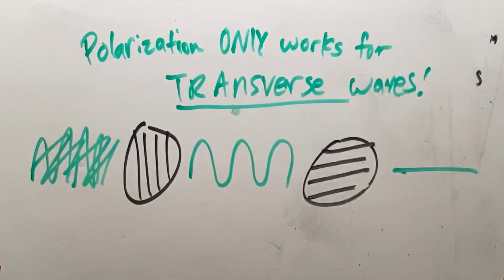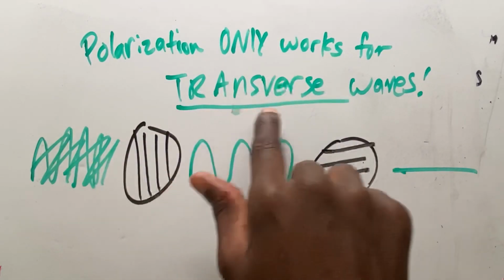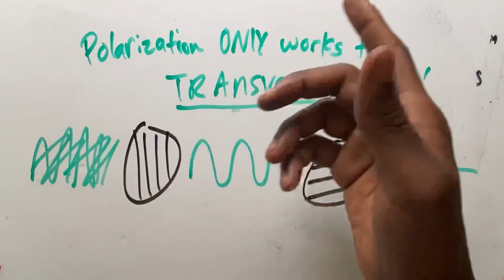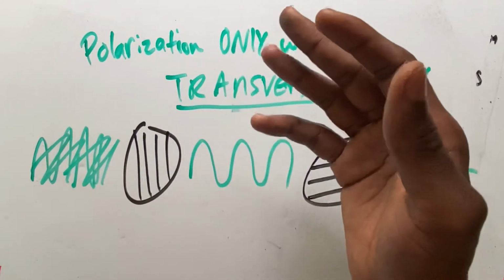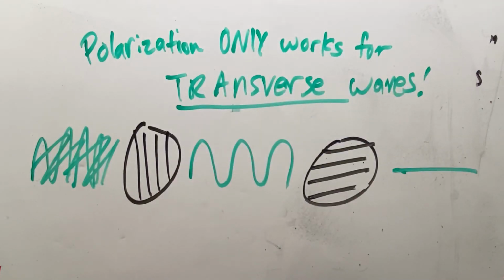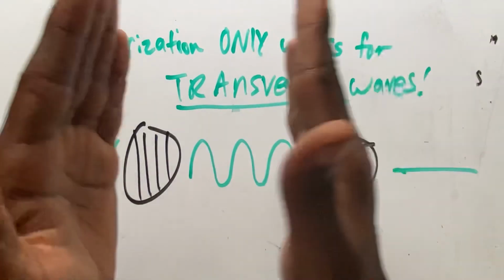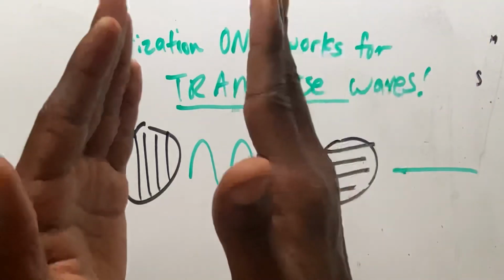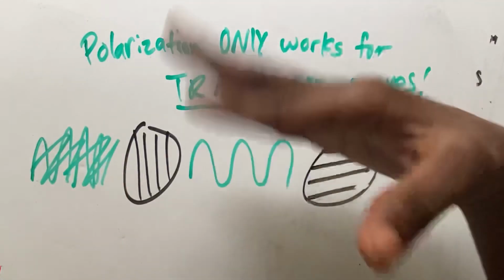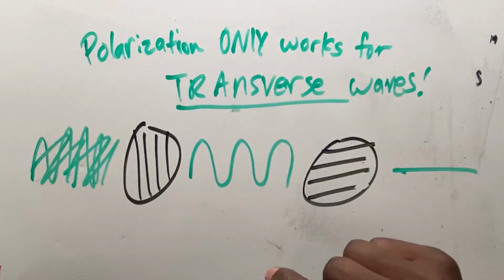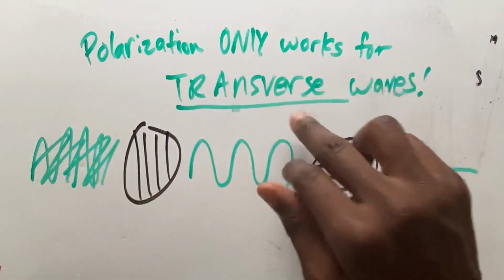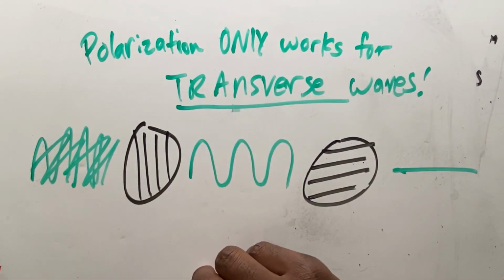Boom. So polarization only works for transverse waves. It doesn't work for sound waves, because sound waves are longitudinal, meaning they contract and expand, versus going up and down like this, which is a transverse wave. So polarization only works for transverse waves.